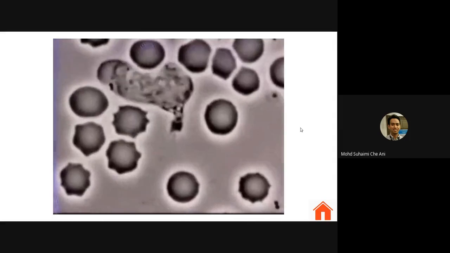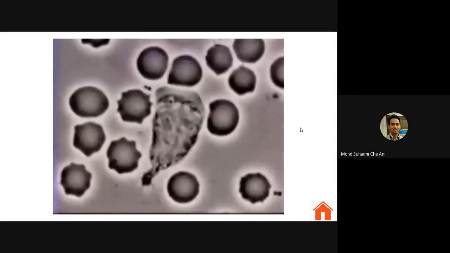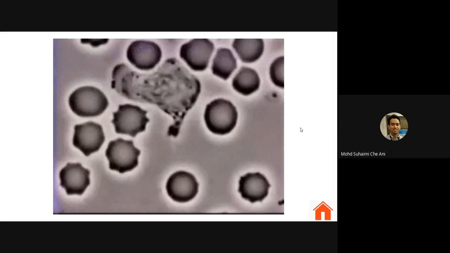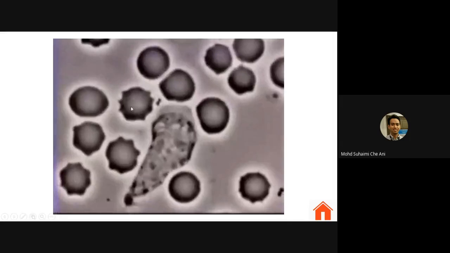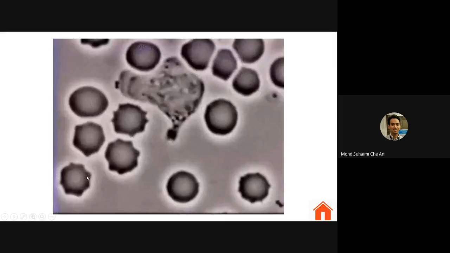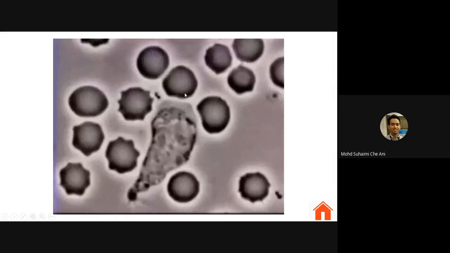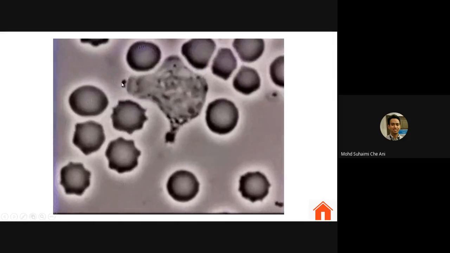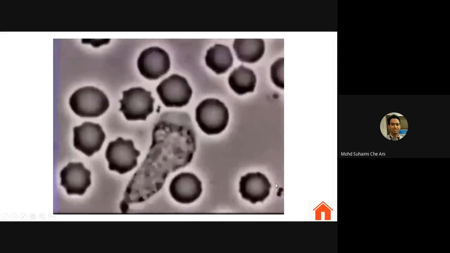Okay, phagocytosis. This is the phagocytosis process. And then you'll see the other shapes over here, which are all red blood cells. So only the white blood cell will chase the bacteria or virus.